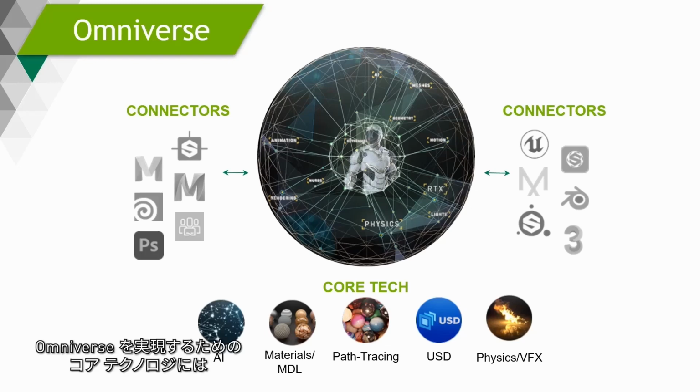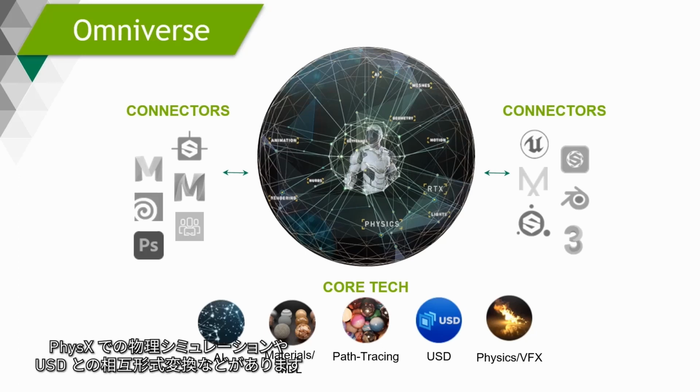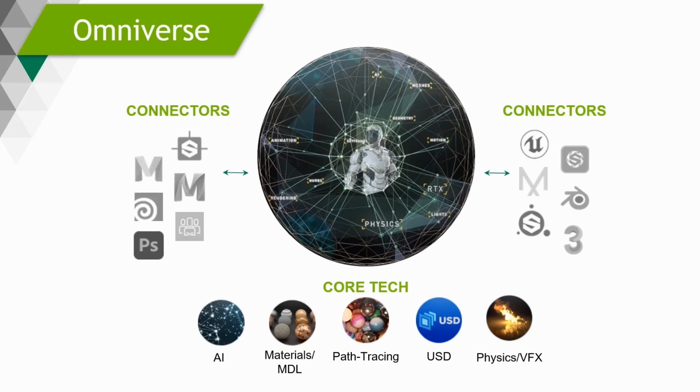And Omniverse is behind the scenes providing a set of core technology that makes that possible, including the real-time ray tracing and path tracing rendering technology, the physics simulation based on PhysX, and conversion to and from different formats to USD.